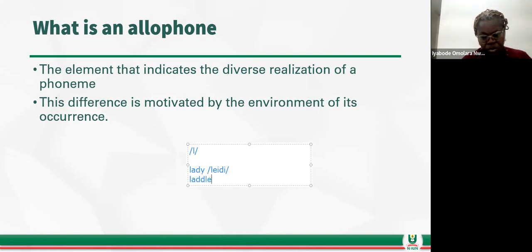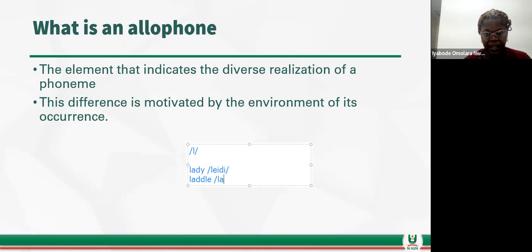If your course is Lado, what you have there is that it becomes what you call syllabic.